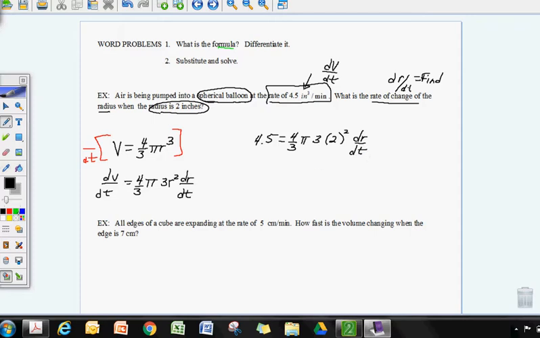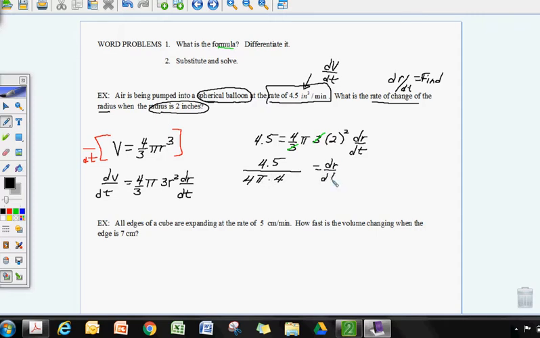Now, some things that I'm hoping that you've seen. This 3 and this 3 cancel. So I'm left with 4.5 being divided by a 4, a pi, and 2 squared is another 4, and that's going to equal my dr/dt.